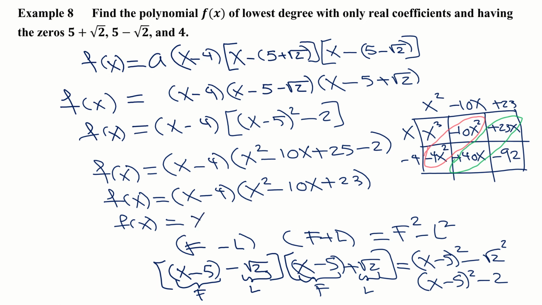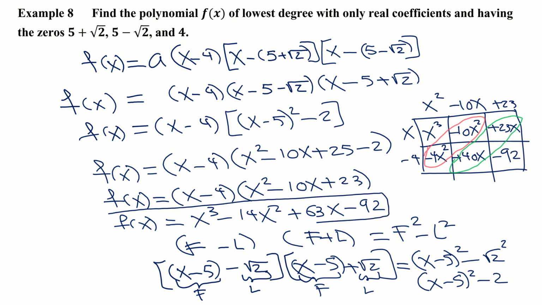So we end up with x cubed minus 14x squared plus 63x minus 92. And there we have our custom designed function. All right. So make sure that you can process that on your own, and we'll move on to another topic.